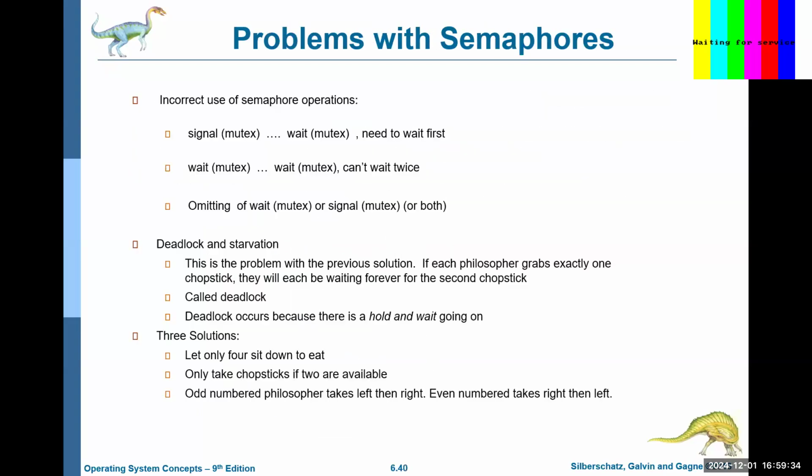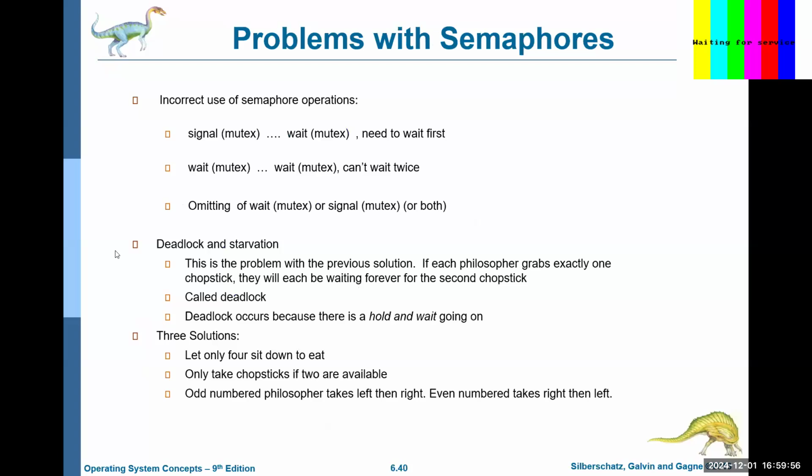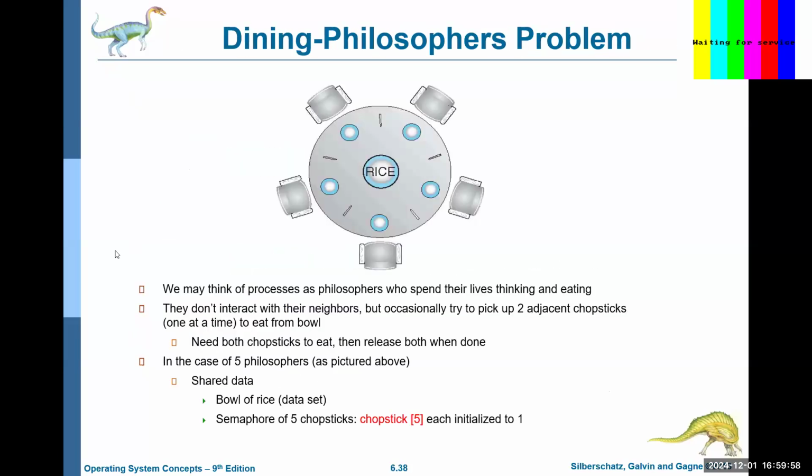we go back to the picture. If we call these philosophers 1, 2, 3, 4, 5, odd takes left then right, even takes right then left.